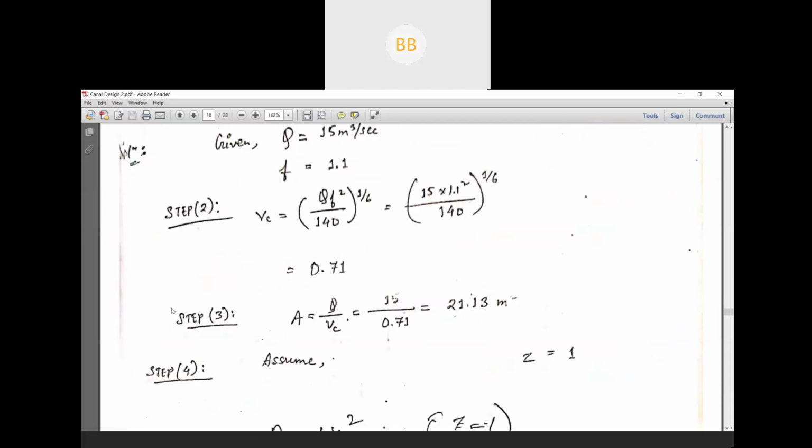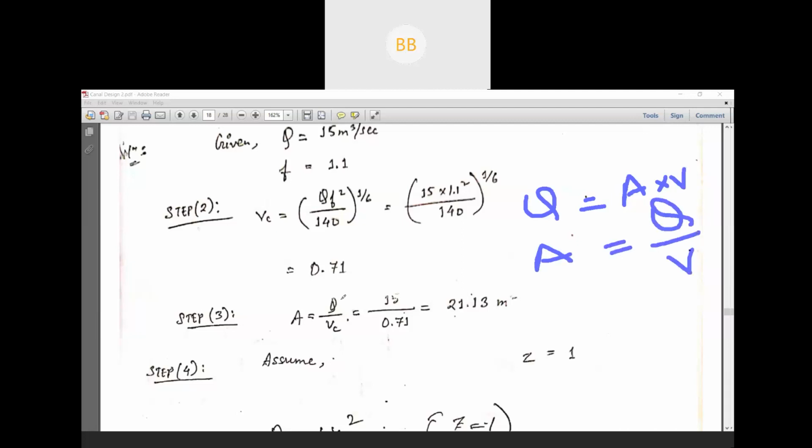Then we move to step number 3. In step number 3, we need to find the cross-sectional area. We all know discharge is nothing but area multiplied by velocity, so area is equal to Q divided by velocity.